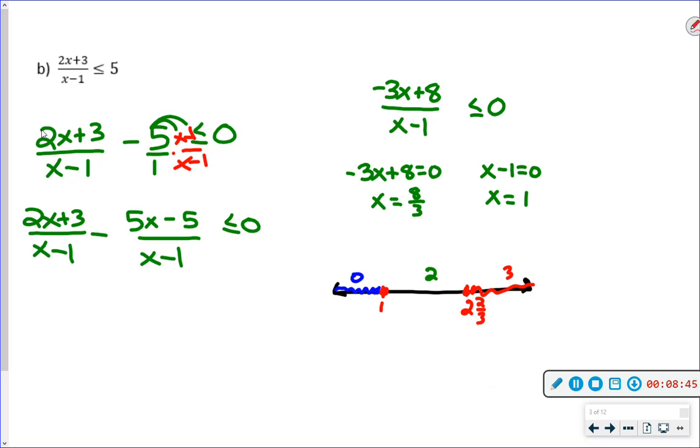I'm going to go interval style, of course, just to kind of transition to doing that all the time. Smallest answer, -infinity. Then we stop here at 1, close circle, so a bracket, or use my little fancy intersection symbol there. Pick it up at 2 2/3, or 8/3, however you want to write it, doesn't matter to me on that. And we end at infinity.